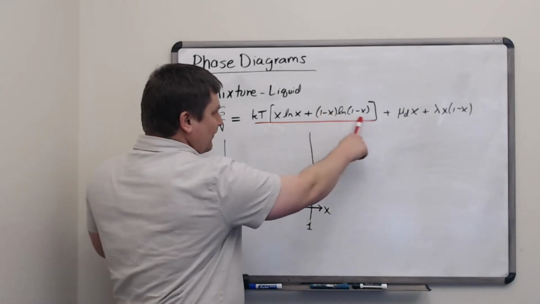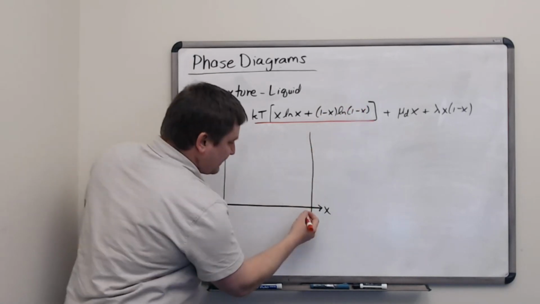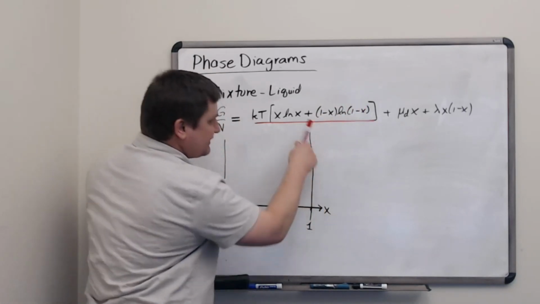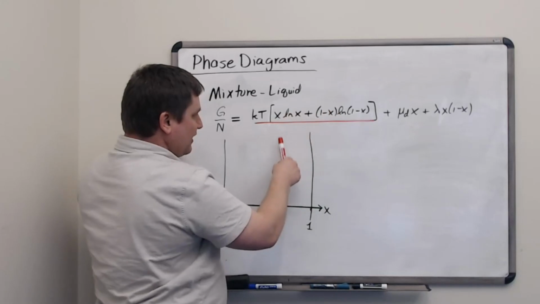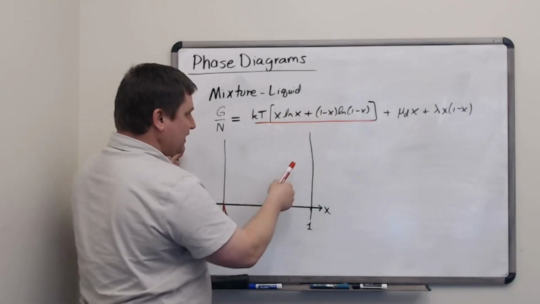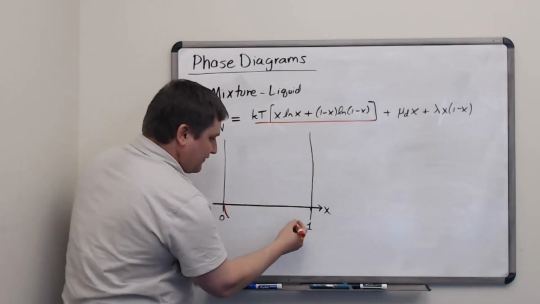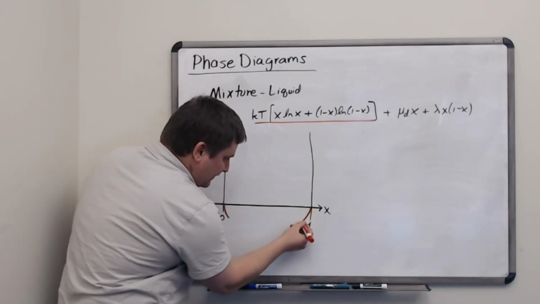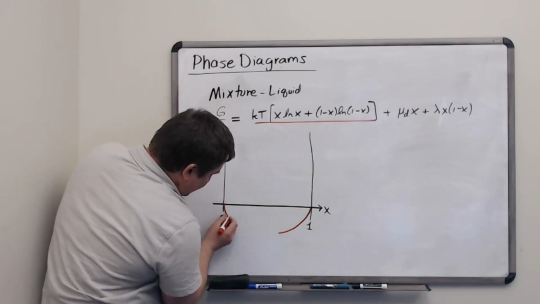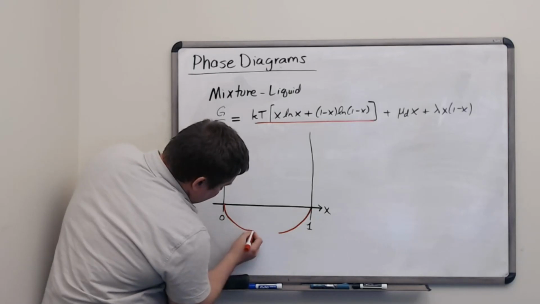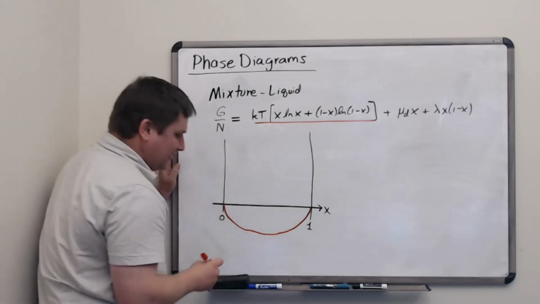This thing over here, the second term, does the same thing near x equals 1. And this is symmetric around x equals 1/2, right? If you swap the x's and the 1 minus x's for each other, you get the same thing. So for this red thing here, we get this curve, which looks qualitatively like this.